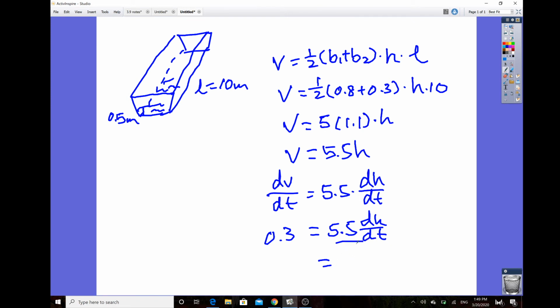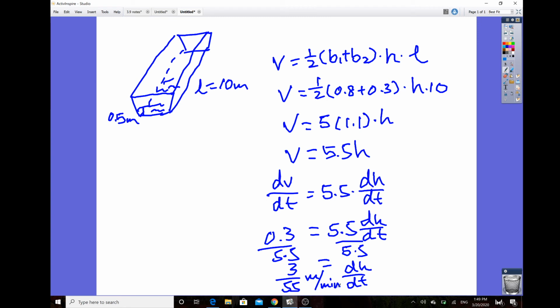So divide both sides by 5.5. Or the other way you can do it is converting it to fractions. It's just 3 over 55, because you don't want to round it. 3 over 55 is a very small number, and that's dH over dt. The unit for this one is meter per minute.